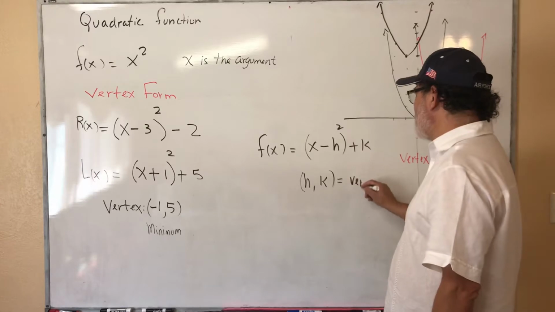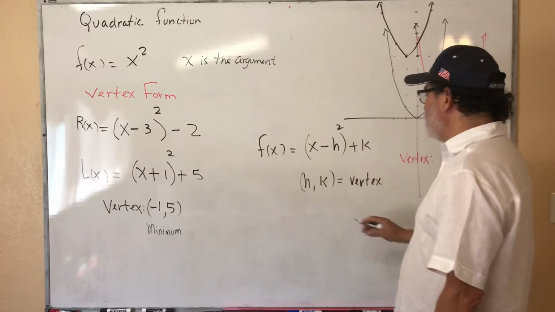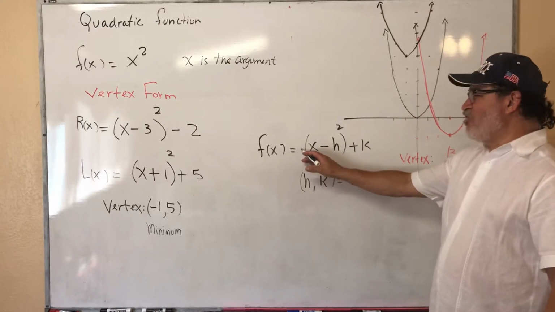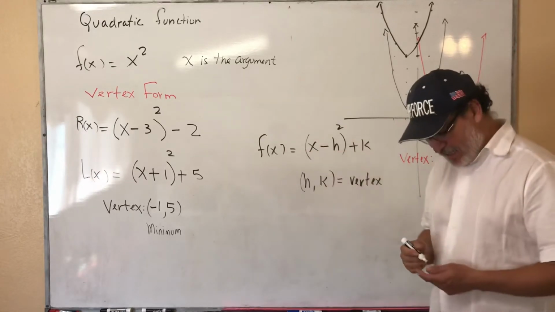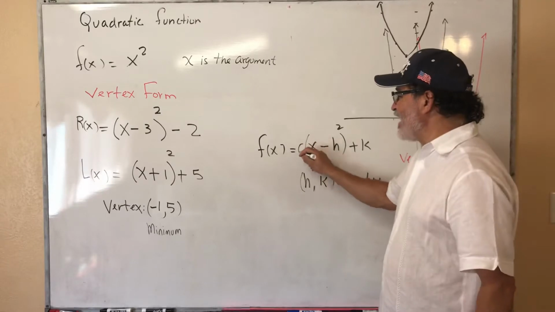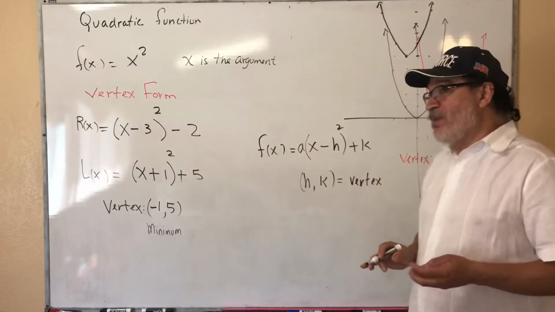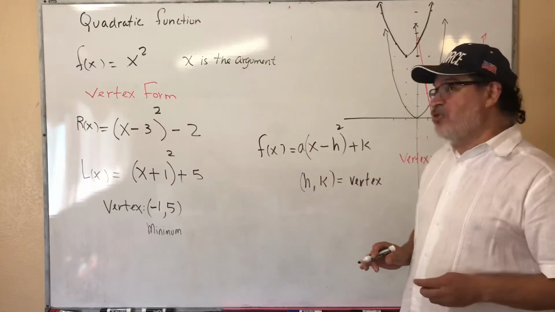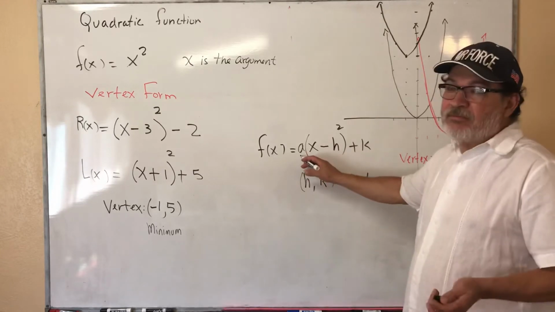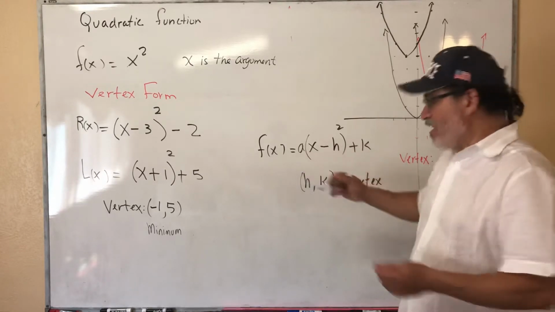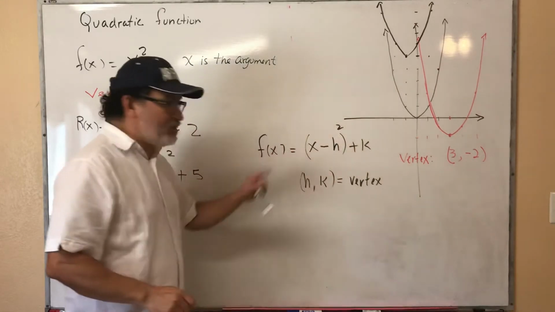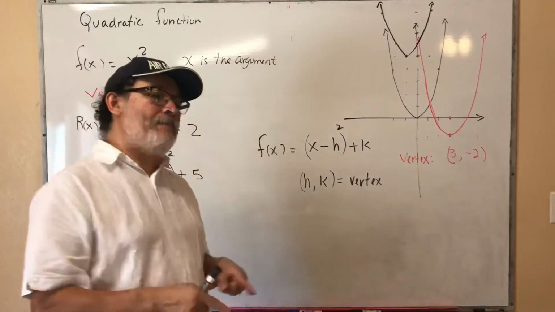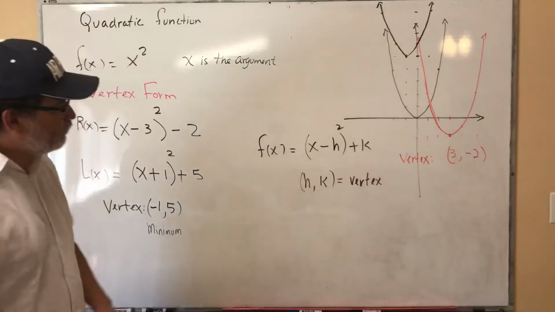Note here, the leading coefficient is +1, so this opens up. If we say this is A, then you don't know if it opens up or opens down because you don't know if A is negative or positive. But if I don't put an A there, if it's just like this, it opens up. Okay?